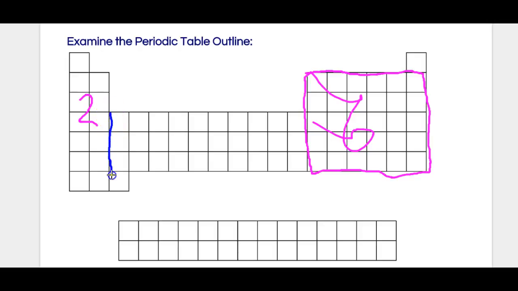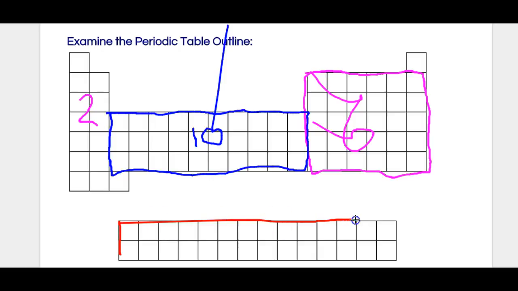Over here, when I look at this block, let's count over and see how many columns. 1, 2, 3, 4, 5, 6, 7, 8, 9, 10. Ooh. Are you seeing any kind of trend? So hopefully without even having to count, you know what to expect in this bottom little section with the lanthanides and the actinides. Yes, you're right. There are 14 columns.